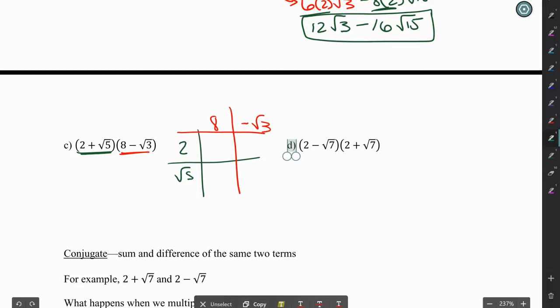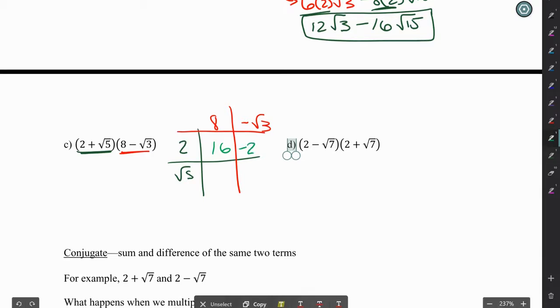So when I multiply them together, 2 times 8 is 16. 2 times negative root 3. Well, root 3 is under a radical, 2 is not. So I just make it negative 2 root 3. We just kind of mush them. The same thing happens for the 8 root 5. And then the last one is negative, because that's a negative sign.